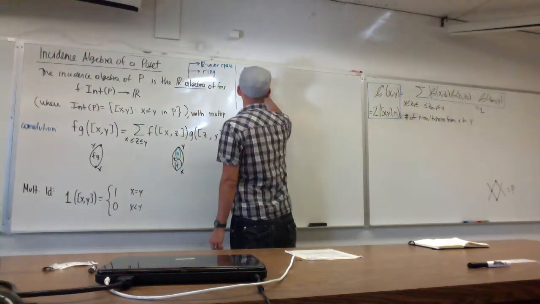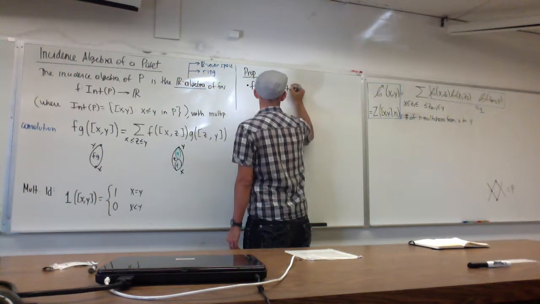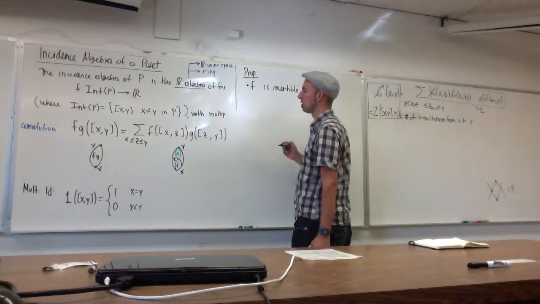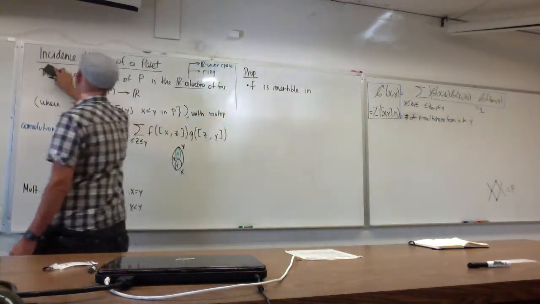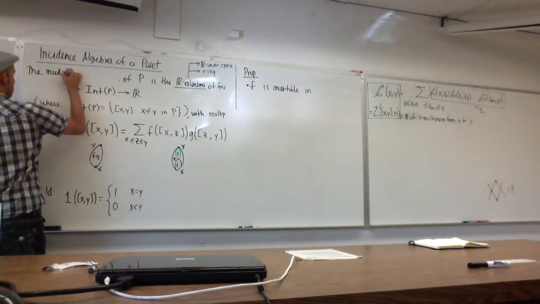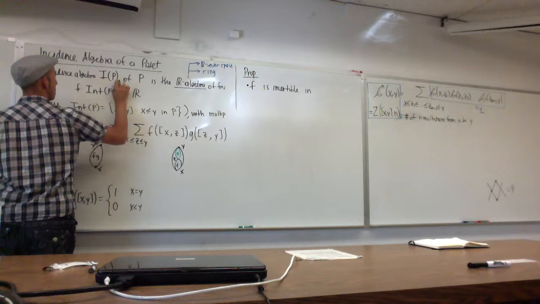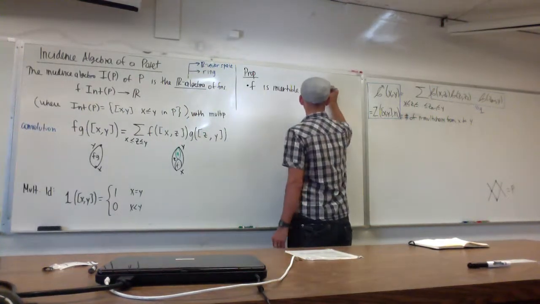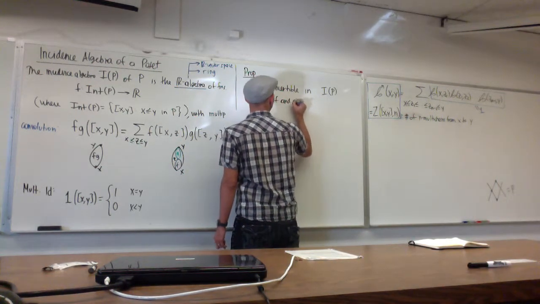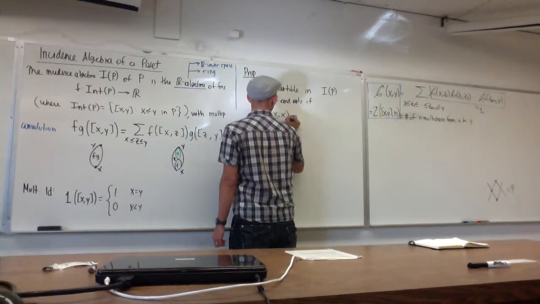if f is invertible in the incidence algebra I of P if and only if f of xx is never 0.